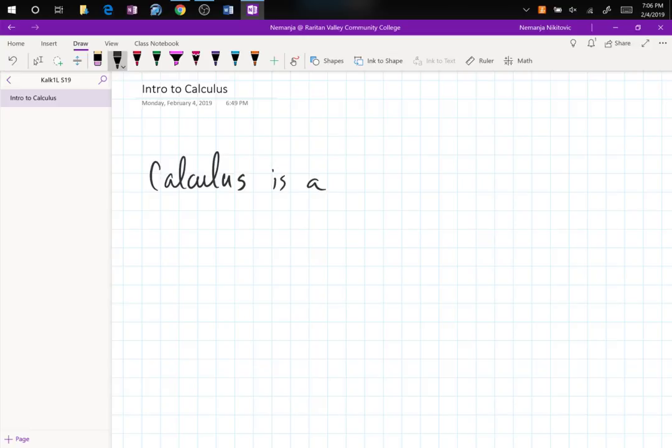Calculus is a study of change. We have body weight: we are the lightest of the day when we wake up in the morning, and we are the heaviest before going to sleep, because we have food intake throughout the day. Now, height works differently.